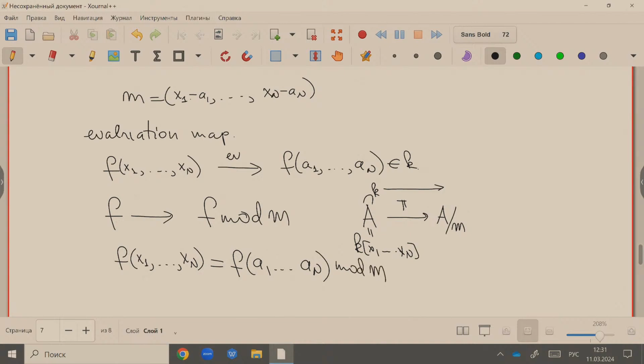So when you take any polynomial, the target sits inside K. I would say it's not contained, it factors through K.